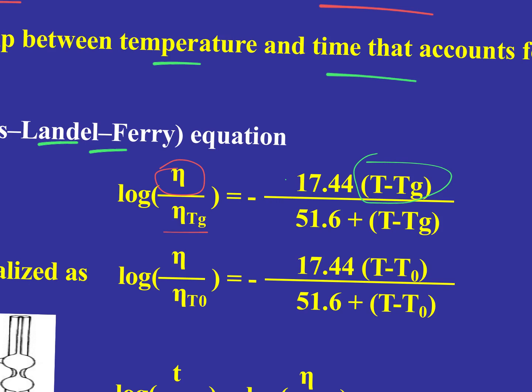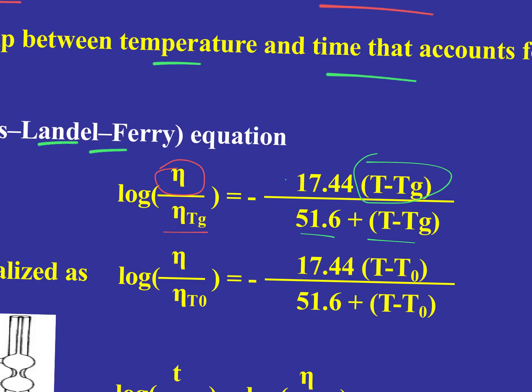We don't care about below Tg because that's glassy material. That's not viscoelastic at that point. So only above Tg is this operative, divided by 51.6 plus, again, that delta between whatever temperature we're at and the glass transition temperature. That's the initial reference state.